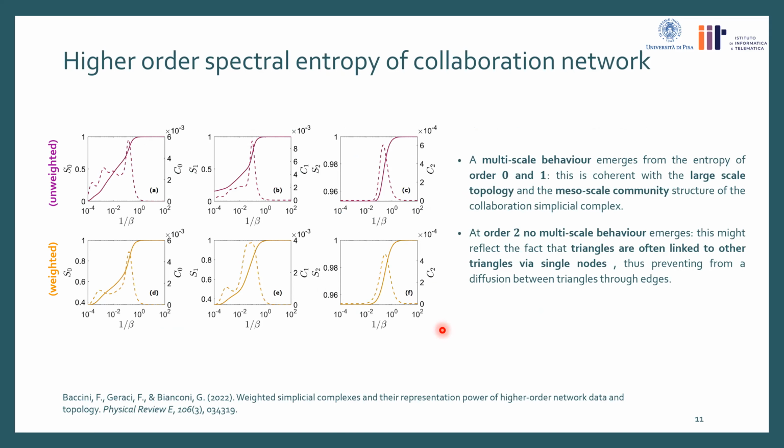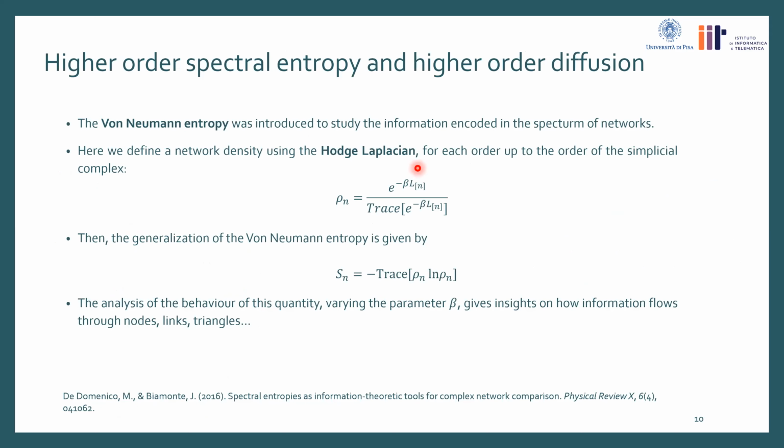Now, here are some results. These plots show the behavior in log scale of the von Neumann entropy on the collaboration simplicial complex that I've shown you before. Here, the parameter beta, I'm sorry, I did not mention it, can be interpreted as time, okay?